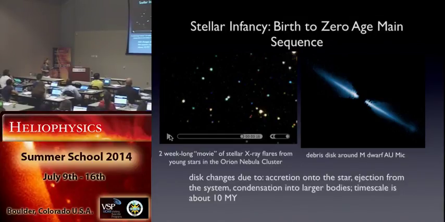The nature of that disk changes due to accretion onto the star, ejection from the system, and condensation of the disk particles into larger bodies, so that at later times it's referred to as a debris disk. The time scale for this disk to disappear is about 10 million years. So these very young, very active stars can still have a disk that can influence them.